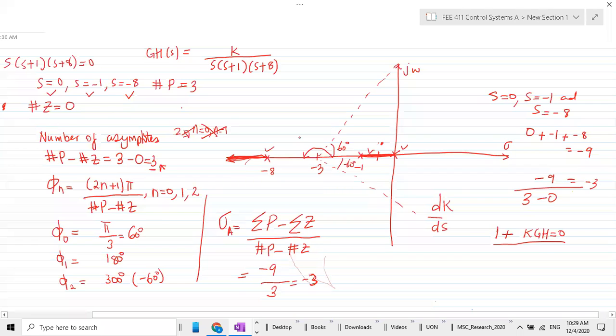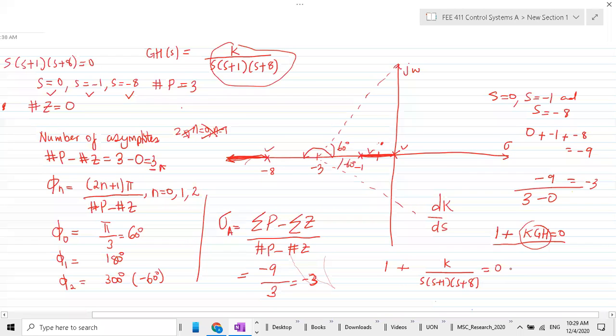What you have here is this part, which is this one, right? So this is how you do it. You say 1 plus the whole of that is equals to 0, right?